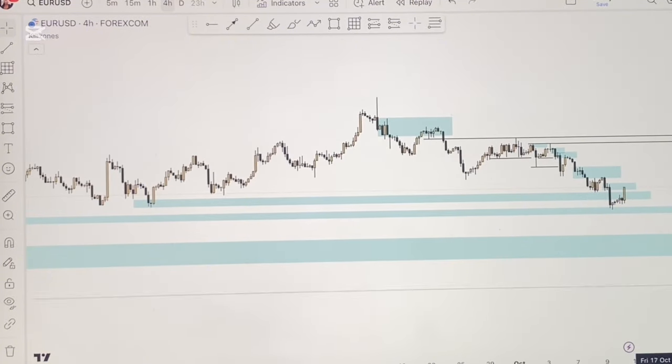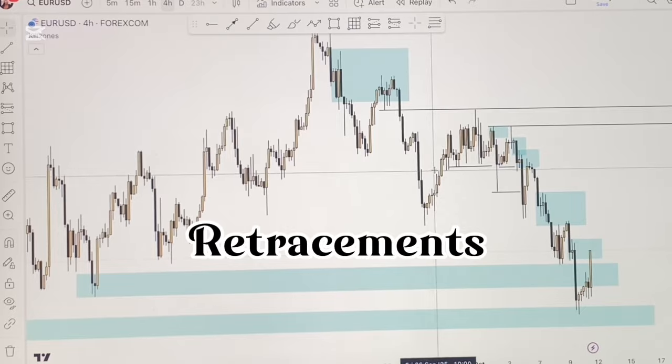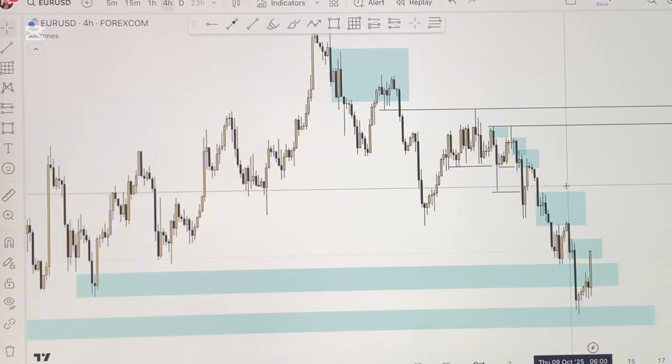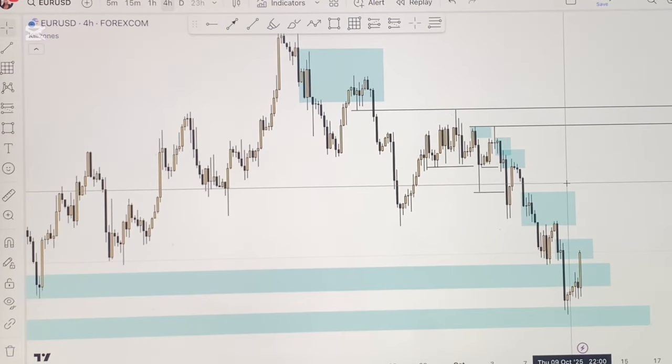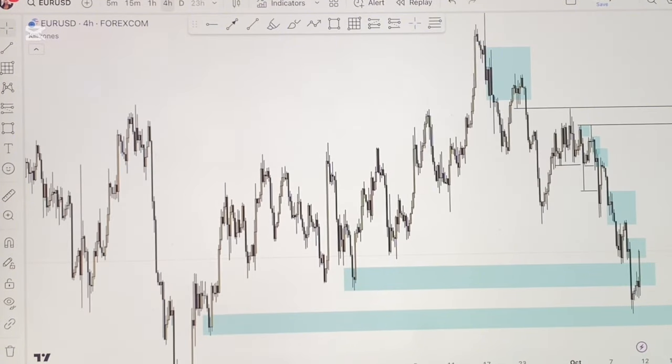So it's okay to trade reversals sometimes, but you have to be very, very careful so you don't get caught in the reversal, because the trend is usually more powerful than the reversals.